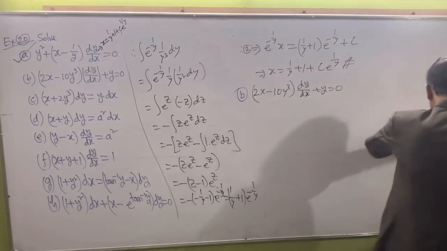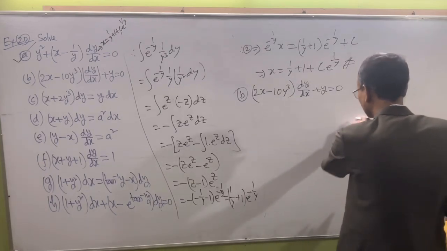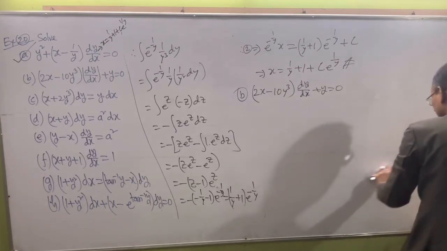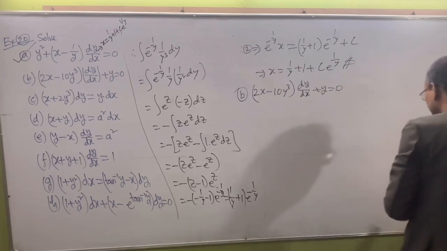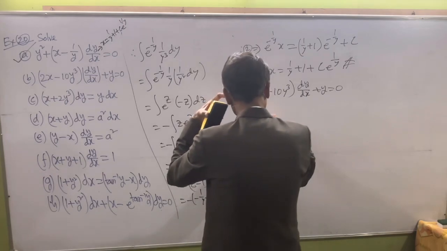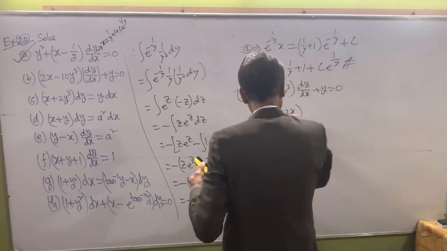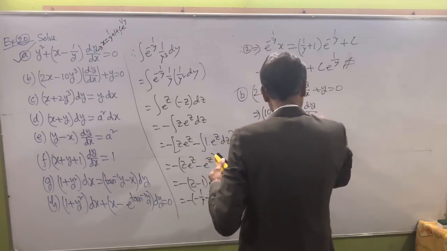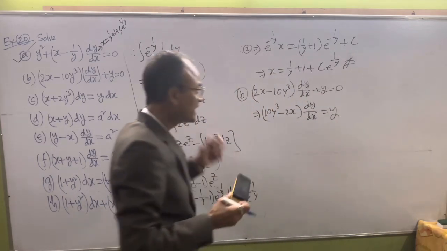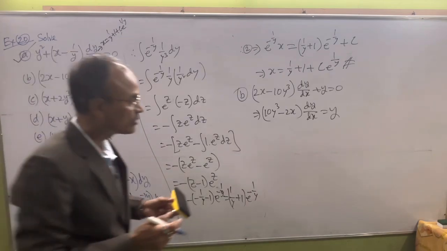This is the equation. This can be written as 10y cube minus twice x dy by dx equal to y.